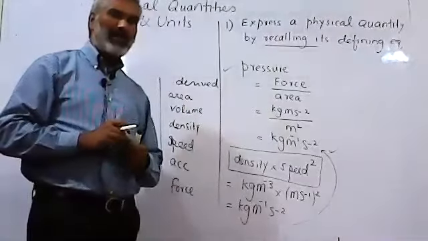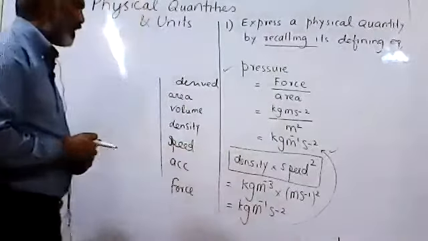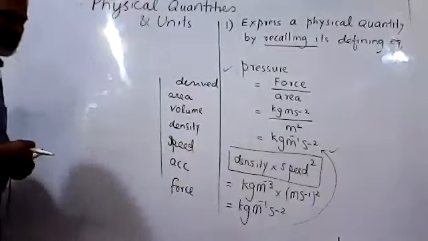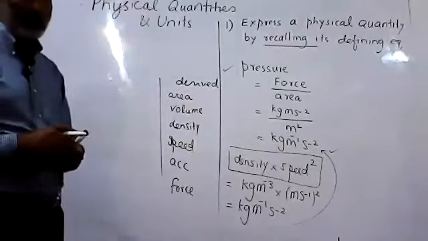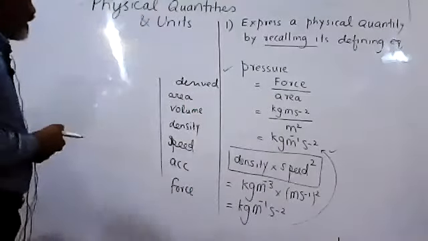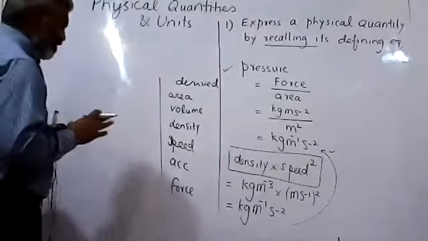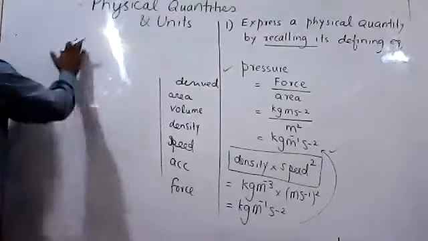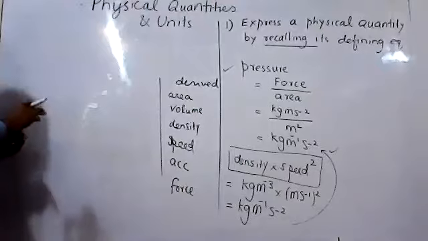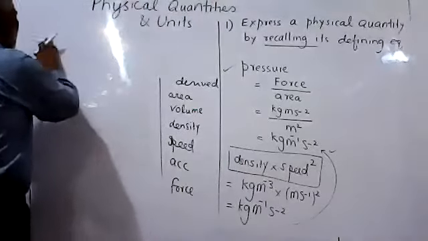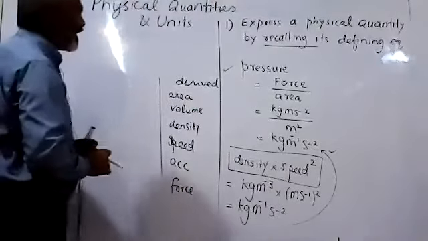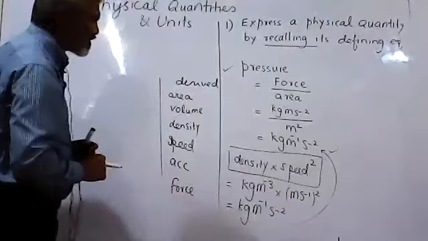I'll come to this definition shortly in this lesson: what is a homogeneous equation and how we show that an equation is homogeneous. But if an equation is known to be correct, a physical equation, experimentally verified, known to be accurate, how do we identify any unknown constant in that equation?